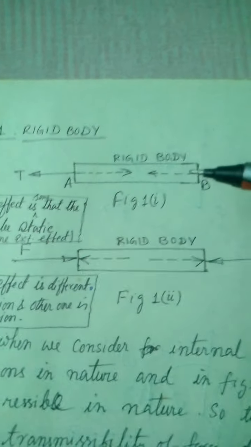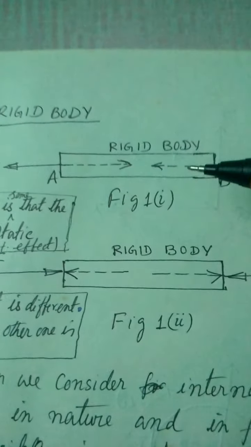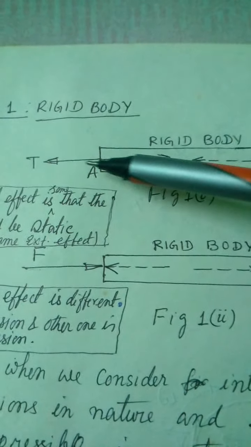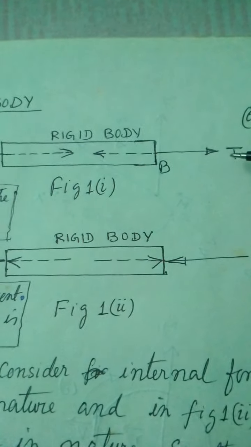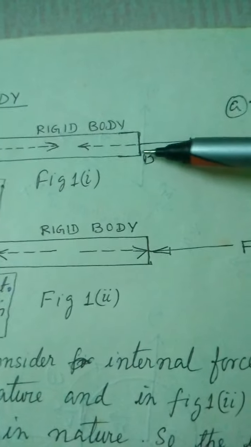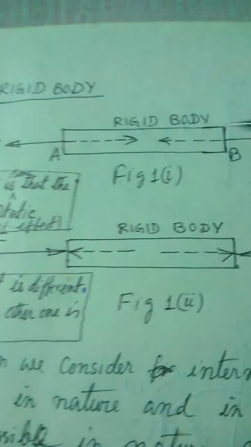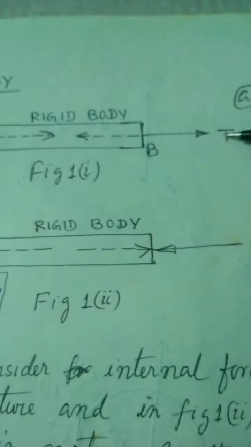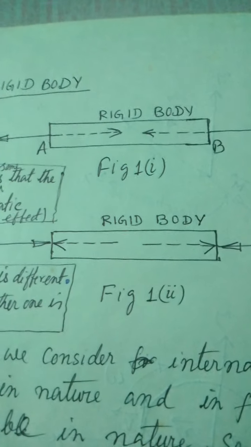What I mean is, suppose this is a rigid body. Here a tension T1 is given. Here also tension T1 is given. Here tension T is given, and here also T. If you take the sum of all these forces, it will be 0. Then the rigid body will be in equilibrium.